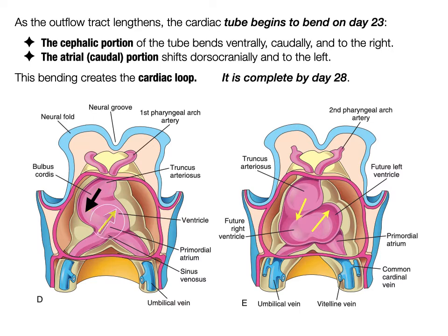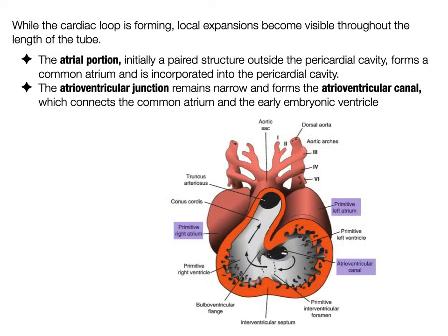See here. Alright, so this is how the tube bends. At the same time, the part of the tube corresponding to the atria and to the ventricles expand and become bigger.